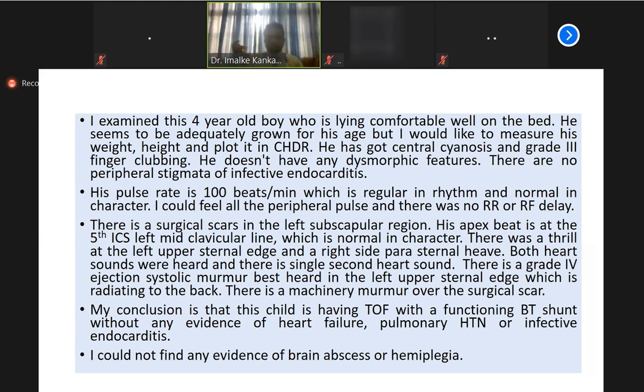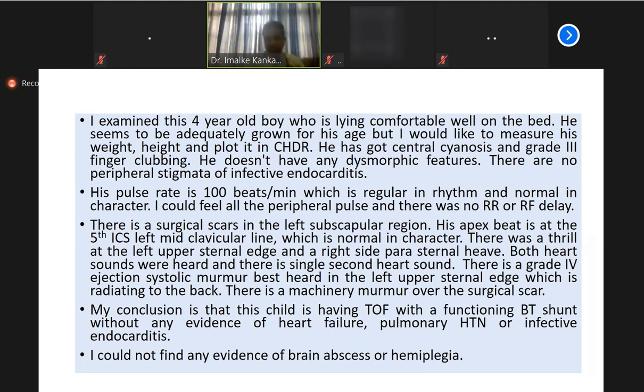You talk about general examination, then CVS proper. There's nothing called CVS proper. Pulse rate and everything is CVS proper. You can say, if you want, precordial examination reveals that this child has got a left side subscapular region surgical scar. Stop at that point.